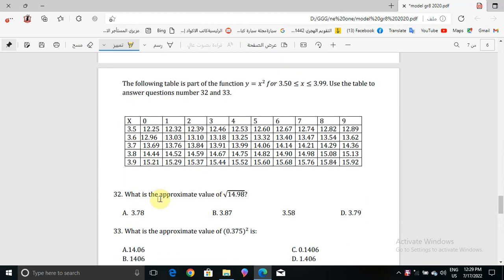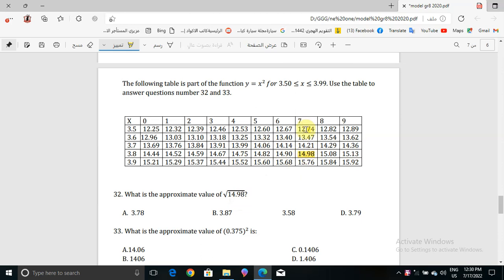Okay, now here in 32, what is the approximate value of radical 14.98? Here where we have 14.98.